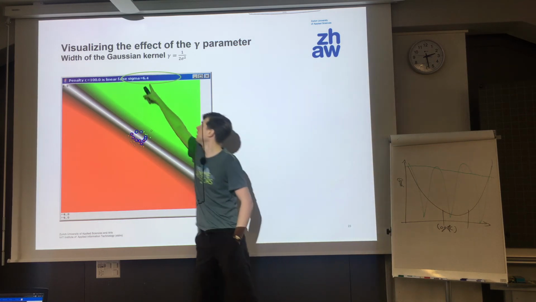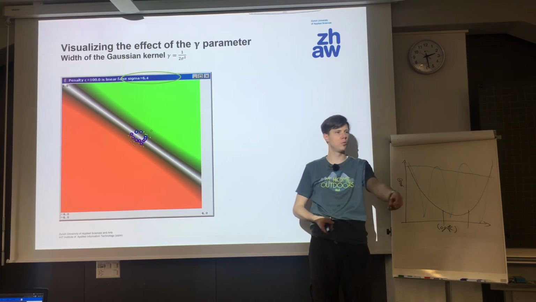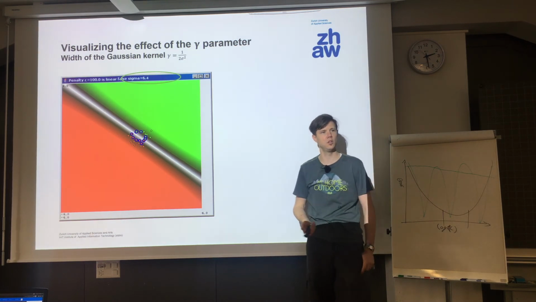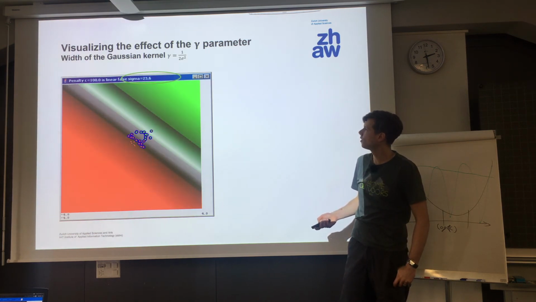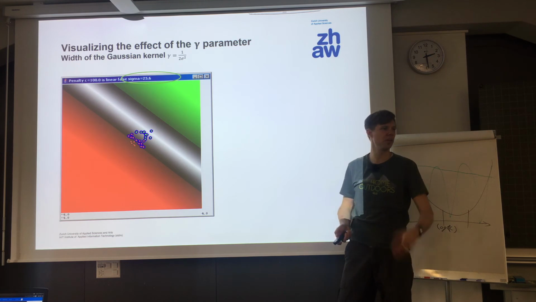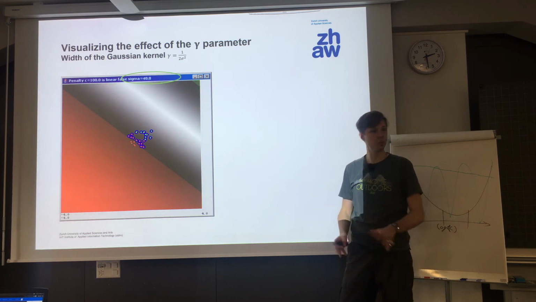So by increasing and decreasing the sigma, you can have really smooth control over the degree of nonlinearity you want to allow. We can increase it quite a lot still, and at some point the same happens as with the linear classifier, that the thing will completely disregard the data.